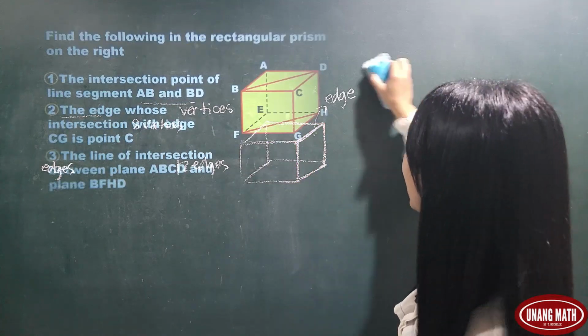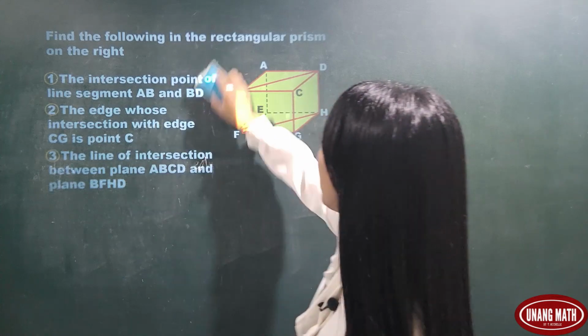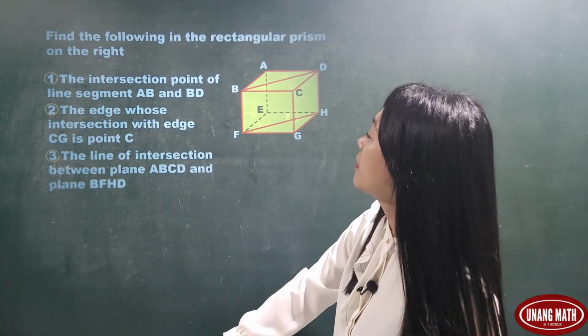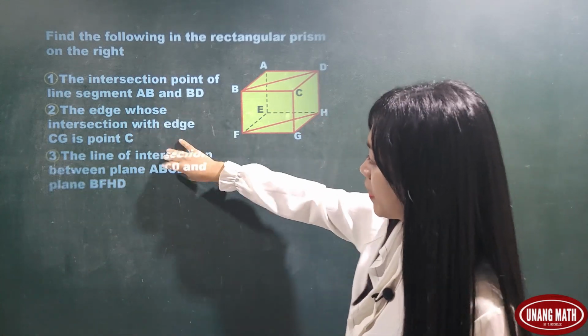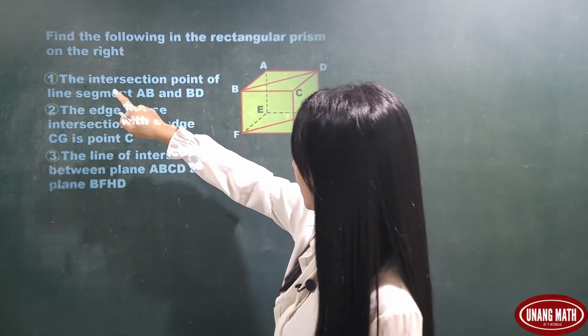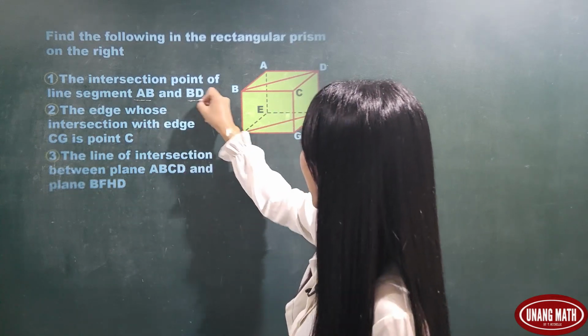Now, let's answer this simple activity. Find the following in the rectangular prism on the right. So this is our rectangular prism, and let's answer these three questions. The first one is, this is the intersection point of line segment AB and BD.